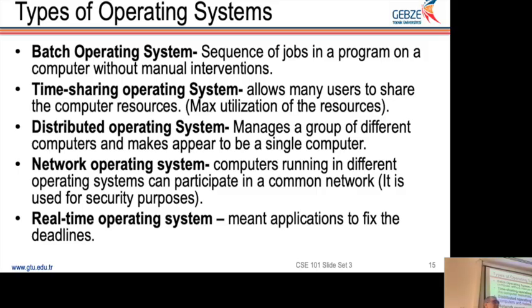A distributed operating system means a combination of multiple machines together at the same time. There used to be more. Today also, for example, cloud operating systems are distributed operating systems.